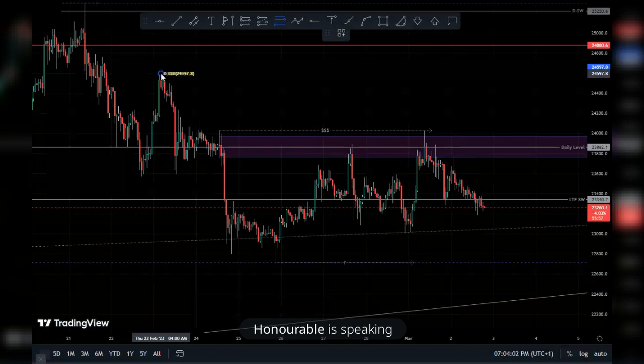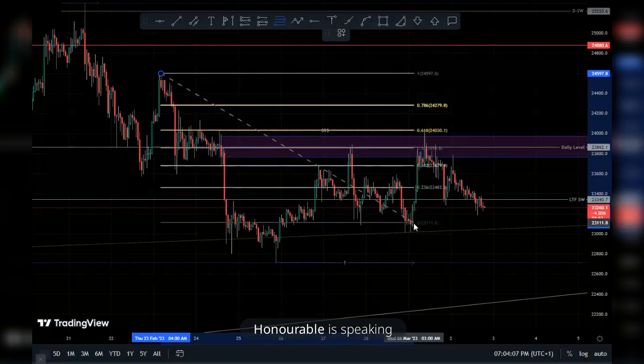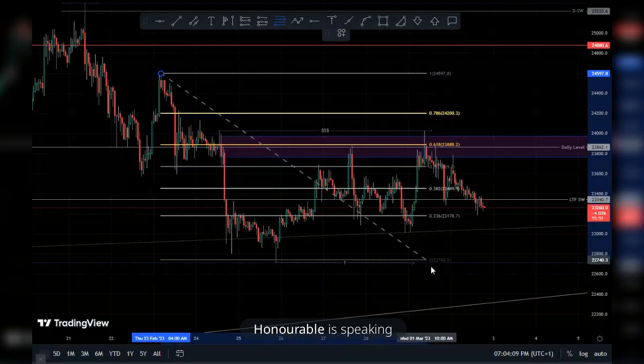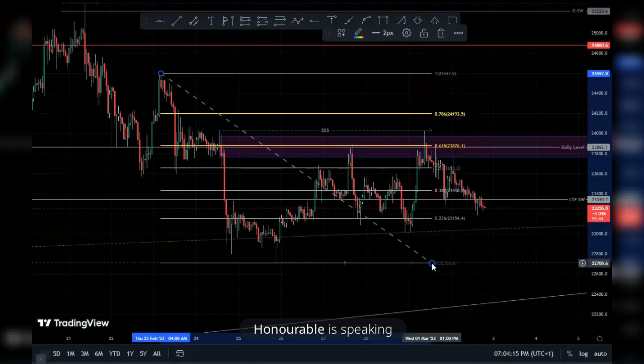You take it, then you draw to the right, and take it to the lowest point in price, and boom, you get it. This is your Fib level.